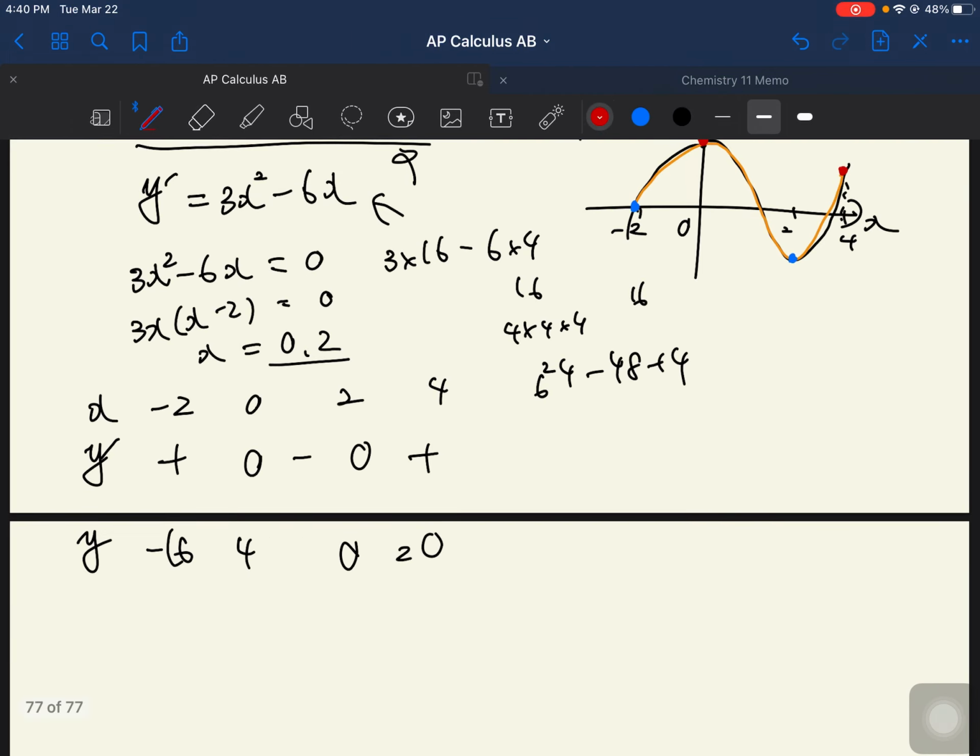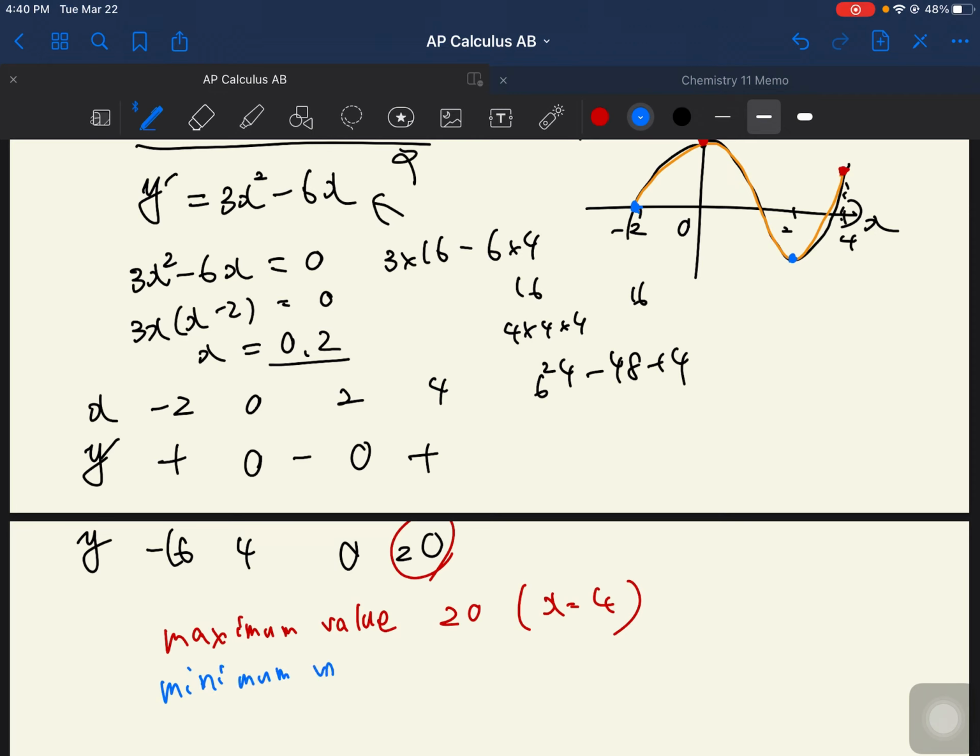So now you know the maximum value is here when x equals 4. The maximum value is 20 when x equals 4, and the minimum value here is -16, when x equals -2.